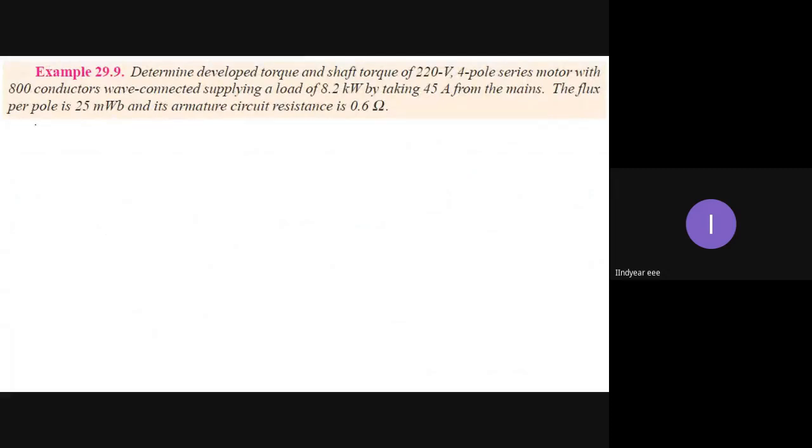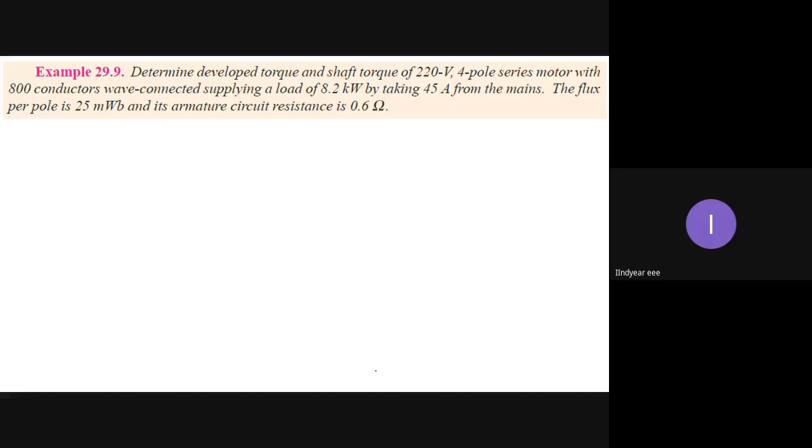Next example. Determine developed torque and shaft torque of a 220 volt 4-pole series motor with 800 conductors wave connected, supplying a load of 8.2 kilowatts by taking 45 amperes from the mains. The flux per pole is 25 milliwebers and its armature circuit resistance is 0.6 ohms.